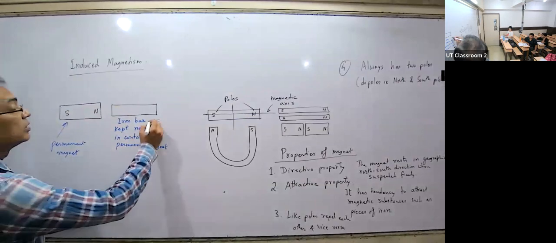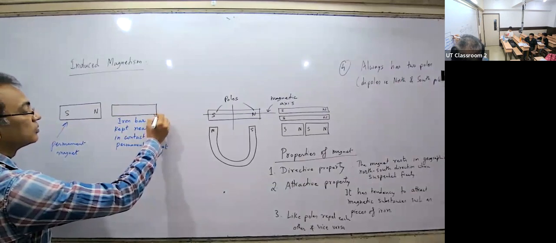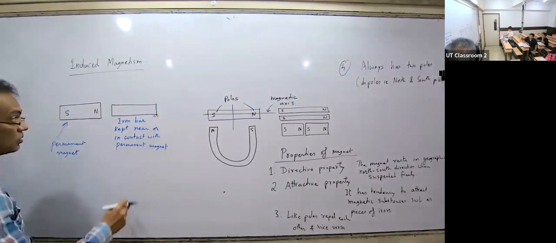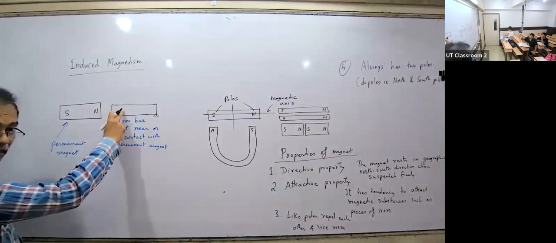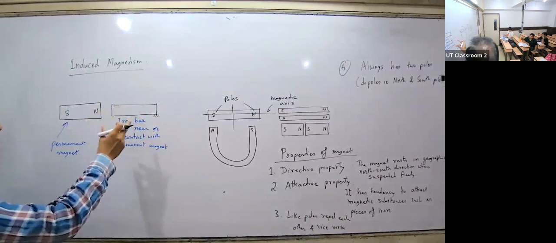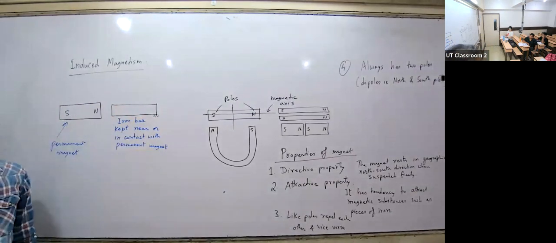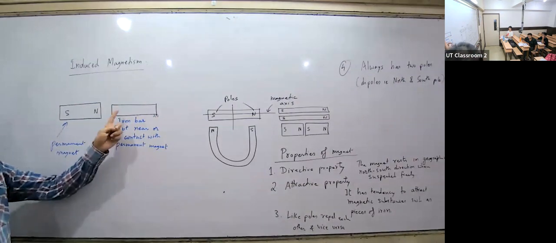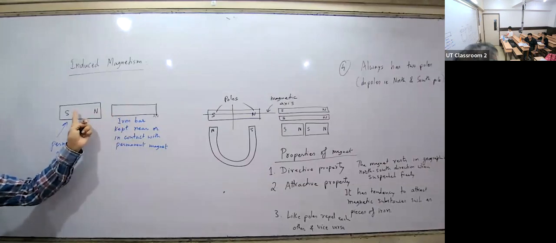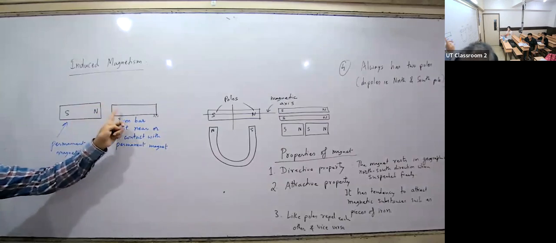Then what happens? These go and get stuck here. So that means it must have acquired magnetic behavior. But if it is taken away, again it drops down. Meaning it becomes a temporary magnet under the influence of a permanent magnet, which is either near it or in contact with it.